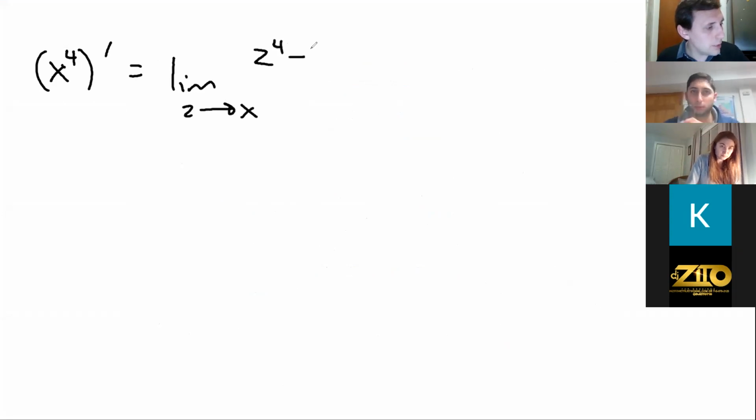Here is my question, guys. How do you factor a difference of degree 4 powers, right? So when you take the derivative of x to the 4, what do you do? You take limit as z goes to x of z to the 4 minus x to the 4 divided by z minus x.